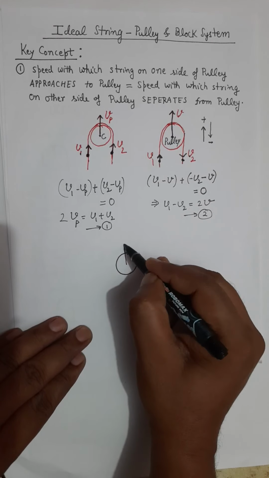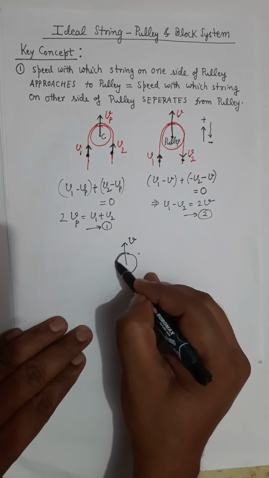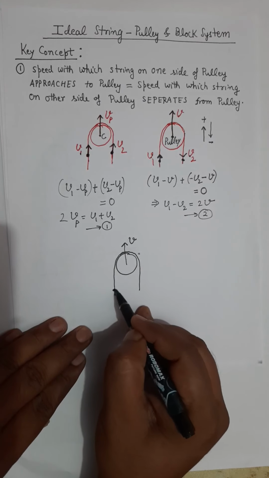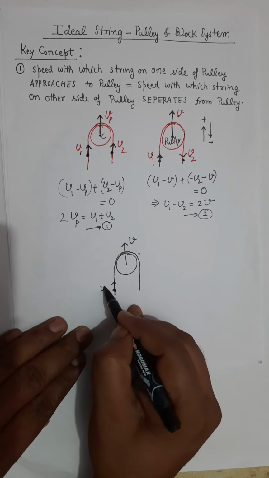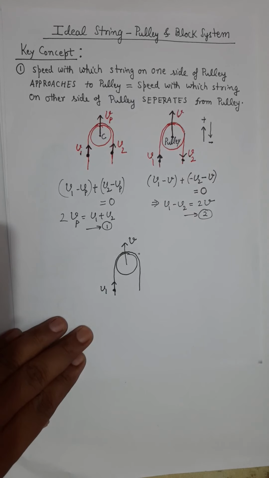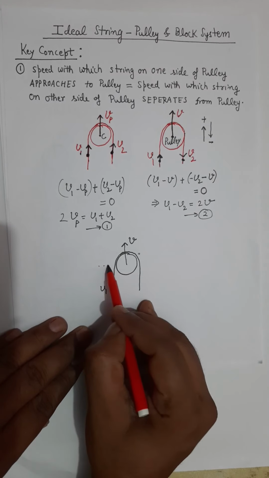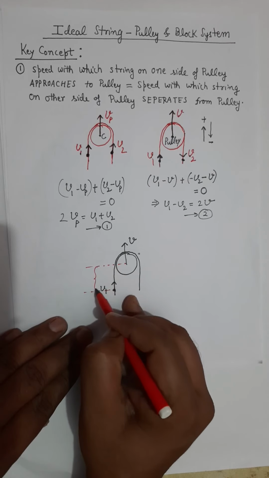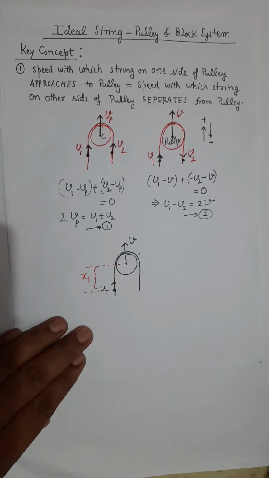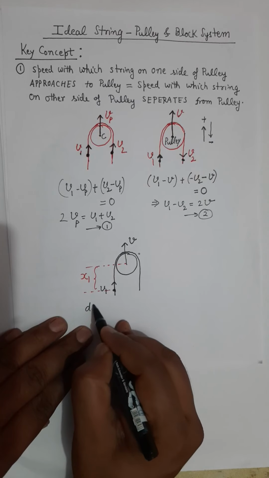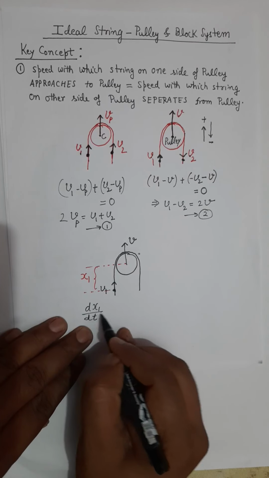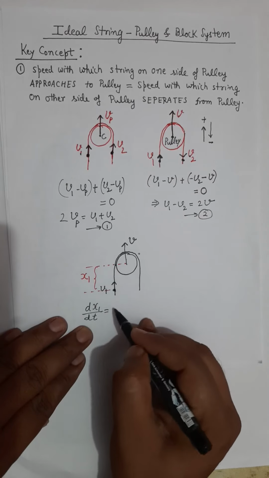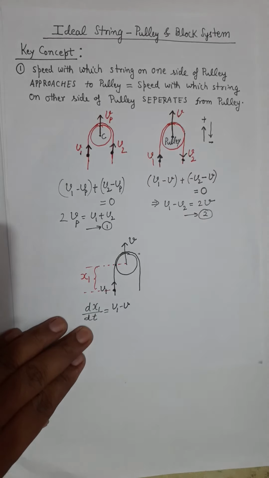So if this pulley is moving upward with velocity v, and you have a string on both sides, and this point is going upward with velocity v1, then according to the definition of kinematics, this length of string, let's say x1, will change at the rate of dx1 by dt. It will change at the rate of the relative velocity between these two points, that is v1 minus v.